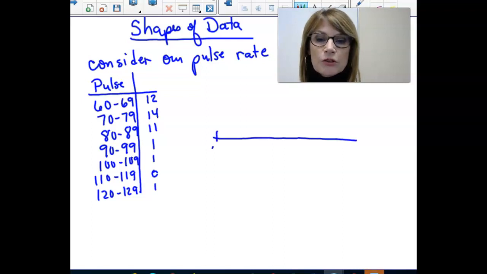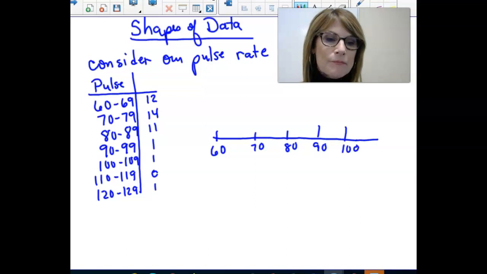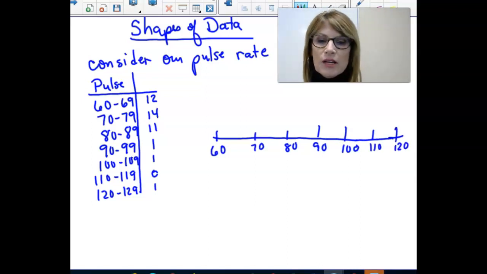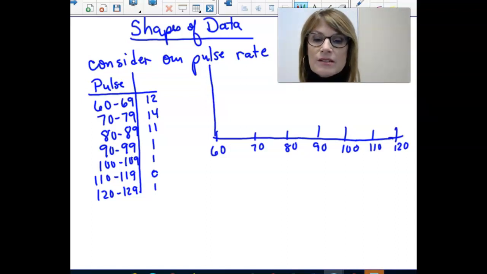You could use your lower class boundaries: 60, 70, 80, 90, 100, 110, 120. And then over here on the other side, we will have our counts, the frequencies.